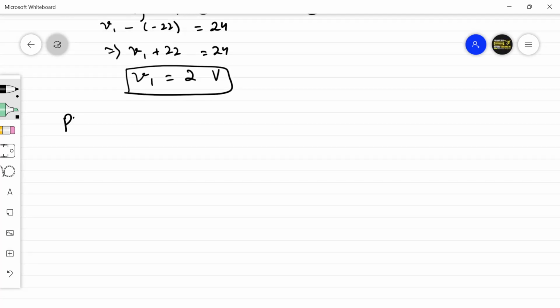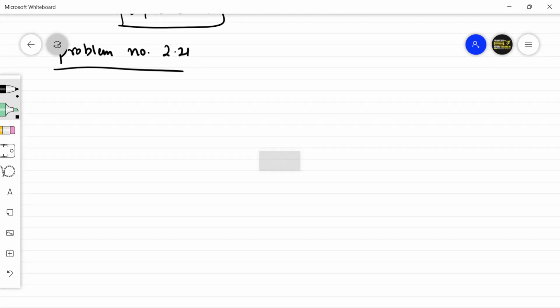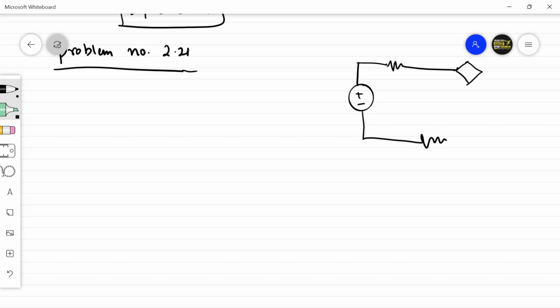Moving on, I'm taking now problem number 2.21. So you have a 1 ohm resistor here, you have a 2 ohm resistor here, you have a 5 ohm resistor here.